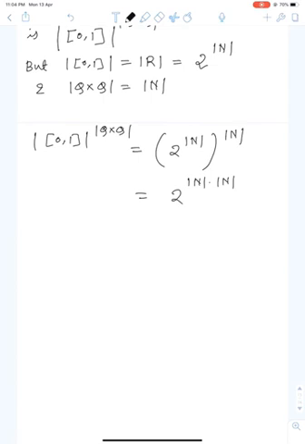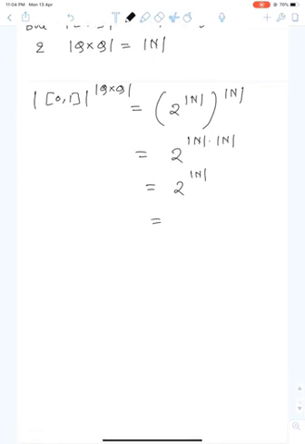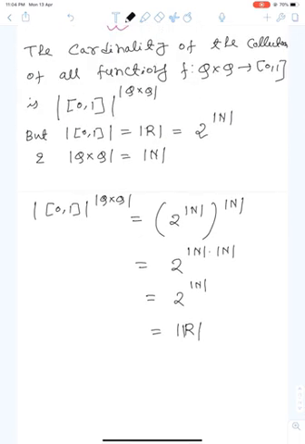So it is equal to again the cardinality of R, that is the real line.